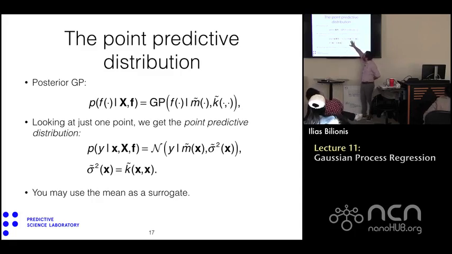That mean value is the posterior mean function evaluated at that test input, and a specific posterior variance. That posterior variance is basically the posterior covariance function evaluated at that test input. You just put that test input on both of its input variable arguments. Okay.